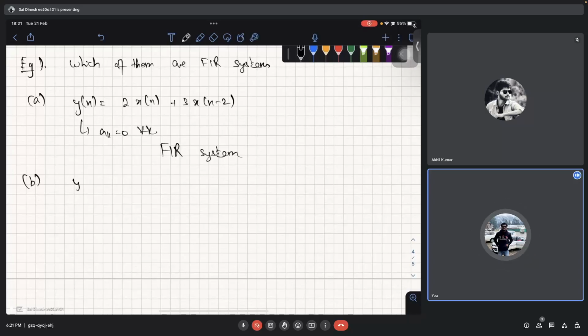Let's take another example where y of n is equal to 3 times y of n minus 1 plus x of n minus 1, right? So here we see that a k is equal to 3 for k equal to 1. This is an IIR system, but there are also other recursive forms.